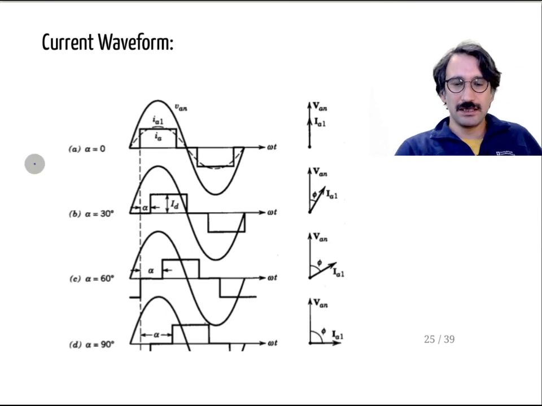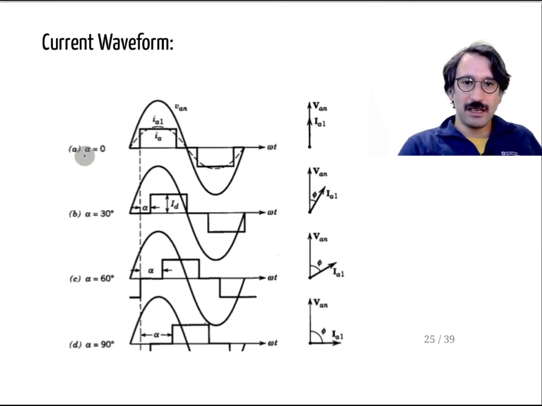The difference is when I have alpha equal to 0, and I get the fundamental component of the current, it is symmetrical, it is in phase with the phase voltages.